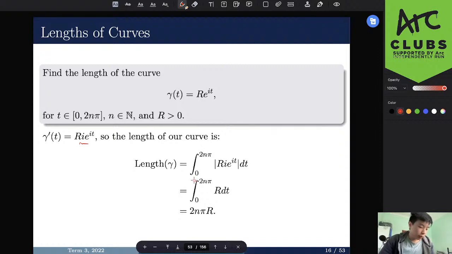We have it ranging from 0 to 2 pi, and we have the modulus of the derivative. So we know that i has a modulus of 1, and e to the it has a modulus of 1. So in the end, it's just r, and of course it's r because r is greater than 0, so it's positive. And so we can just integrate it, and we should get 2 pi times r.